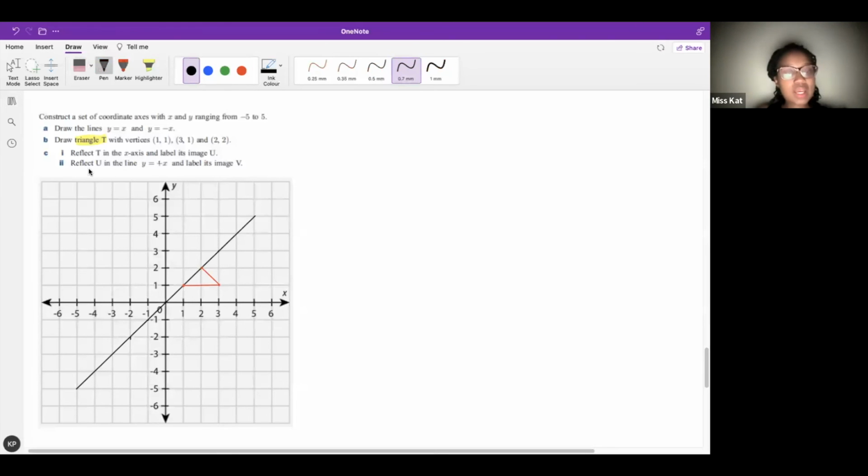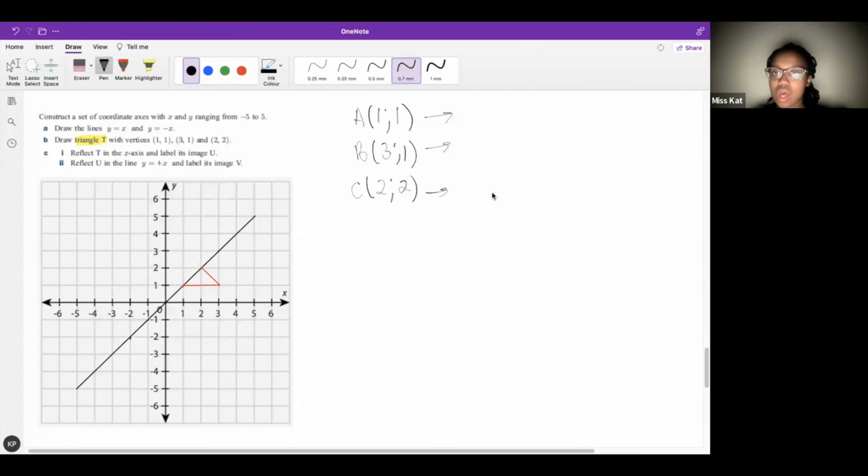Now they say take triangle T and reflect it on the x-axis. Remind me again, if we're reflecting on the x-axis, what do we do to the points? Let me first name these points. So A is 1, 1. B is 3, 1. And C is 2, 2. So now we want my new coordinates that we've reflected.